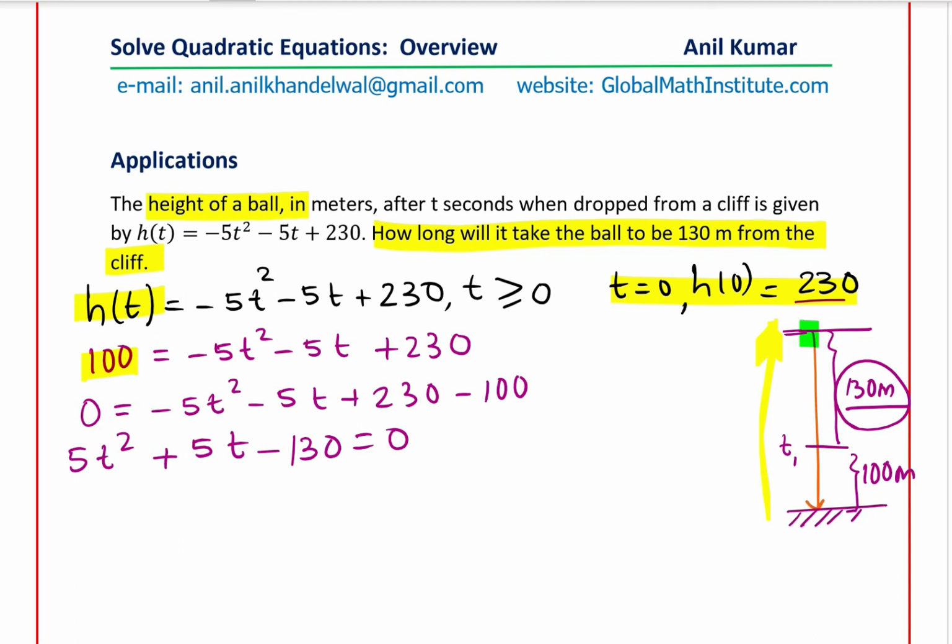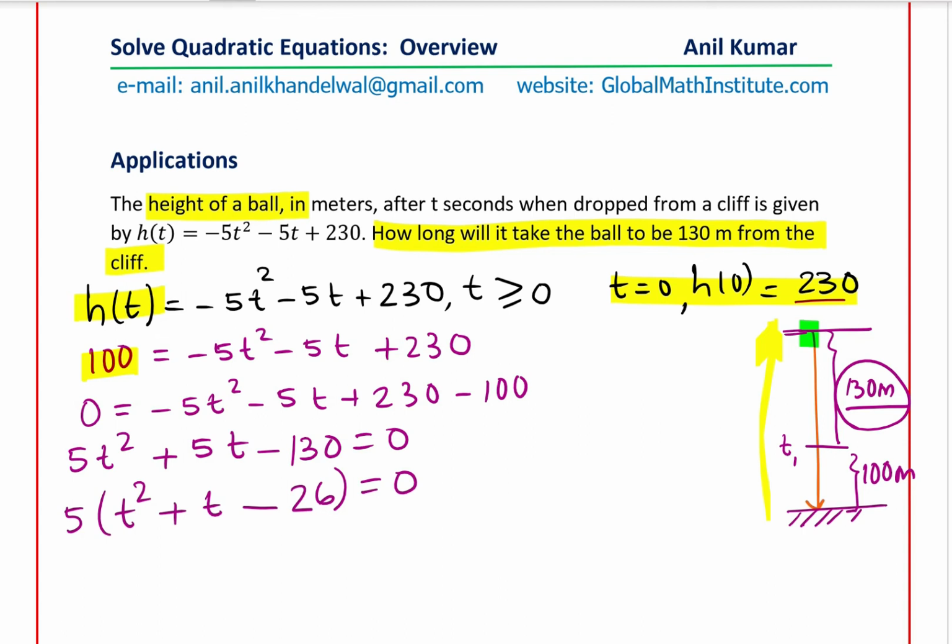You could also take 5 common and write this as t square plus t, with 5 taken common. Dividing by 5, we get 5 times 26 is 130, so minus 26 equals 0. Is that clear to you?